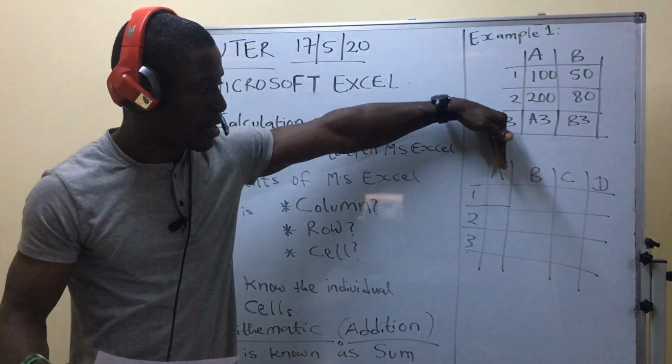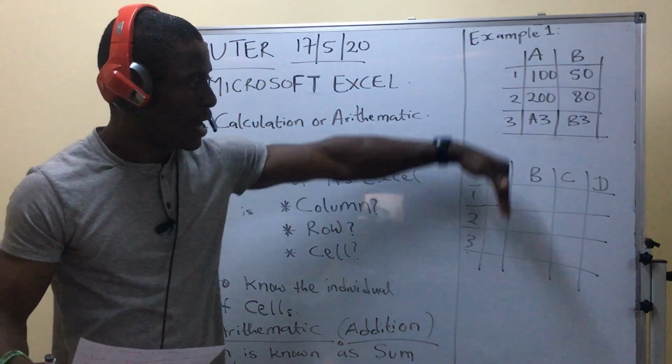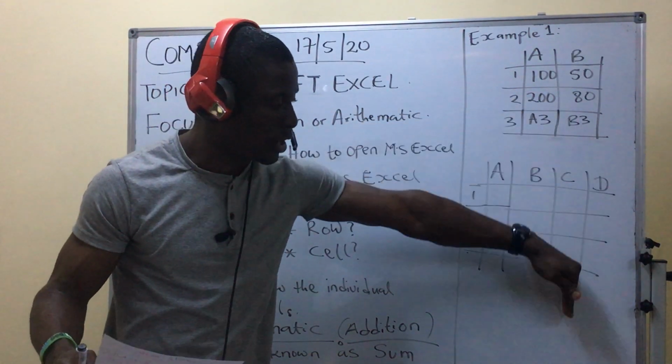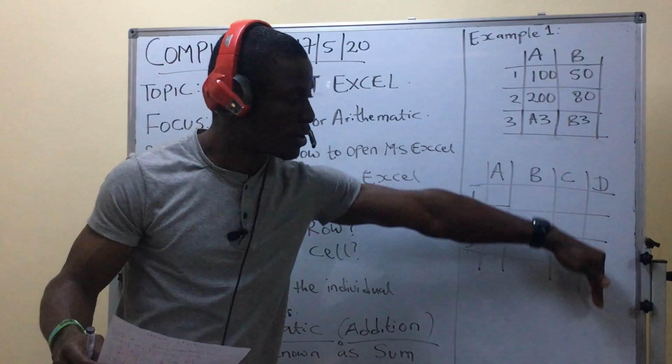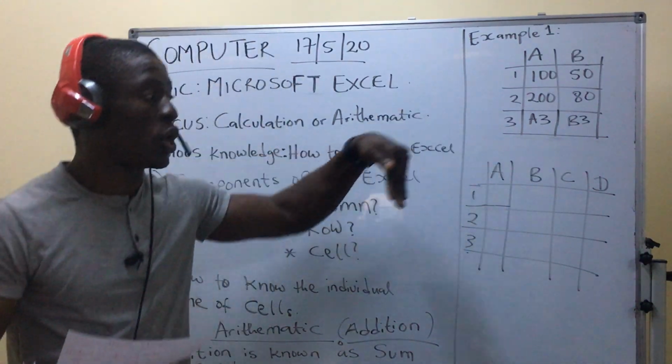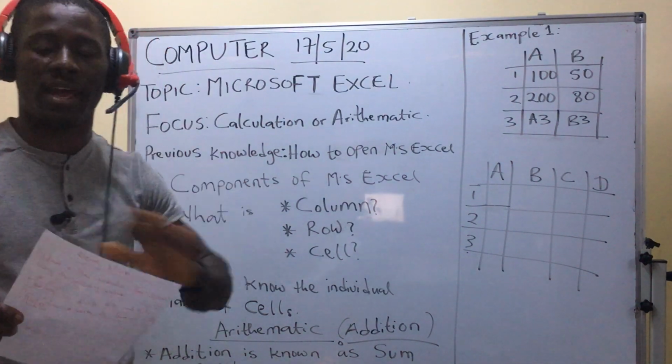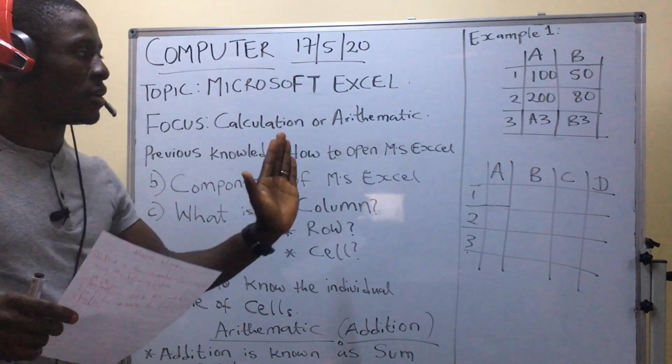That is the column. So we have here column A, and here column B, and here column C, and here column D, and this continues till infinity. It has no end. Column has no end.